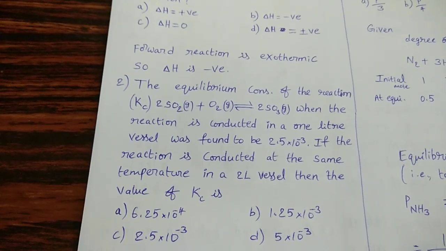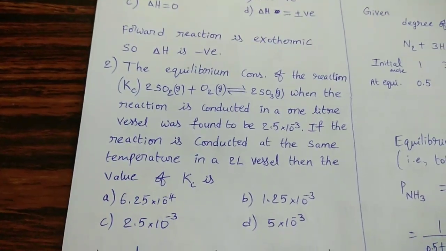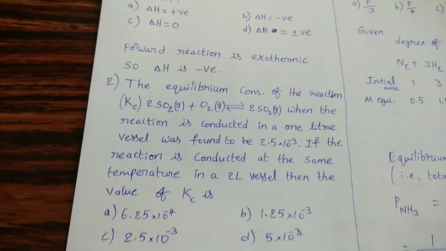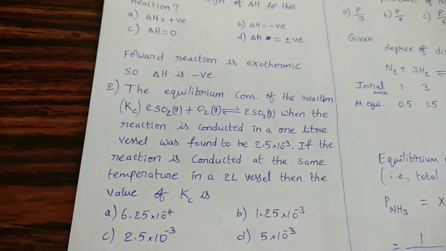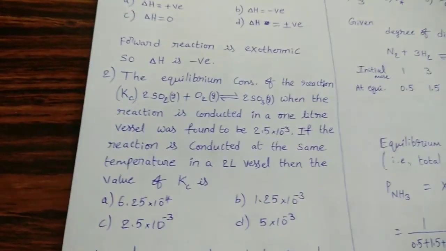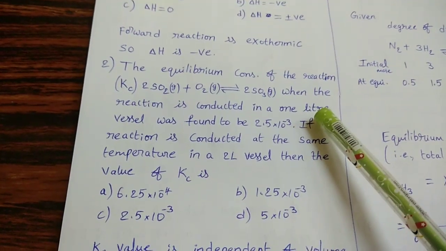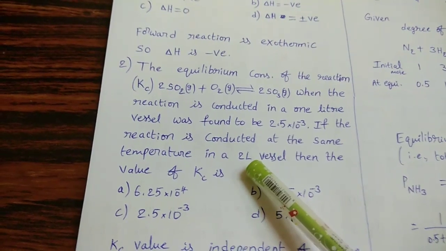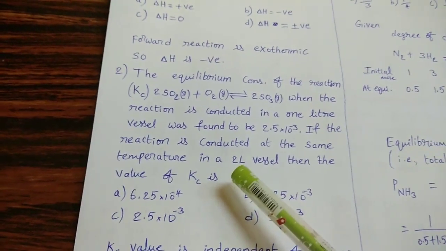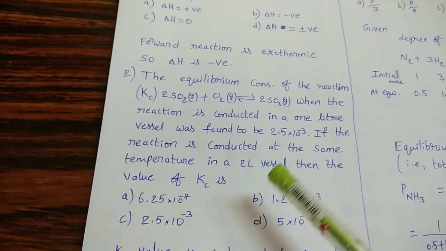If the reaction is conducted at the same temperature in a 2 liter vessel, then the value of Kc is, here observe carefully, at a particular temperature Kc value is given, that is 2.5 into 10 power minus 3, and volume is 1 liter. Same reaction is conducted in another vessel of volume 2 liters at the same temperature.